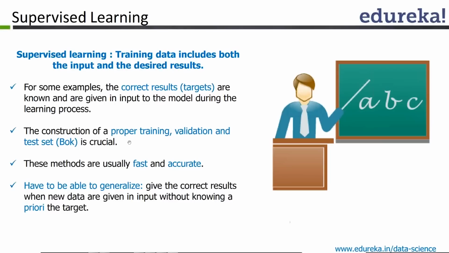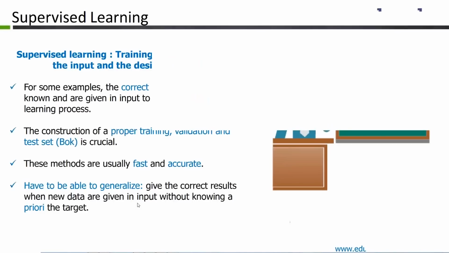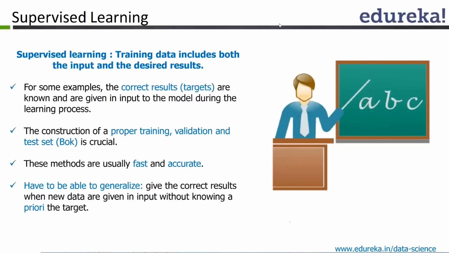Then you build these classification models, and a main class of algorithms inside supervised learning are for classification between faces and non-faces, between spam and non-spam, between fraudulent and non-fraudulent, and so on.